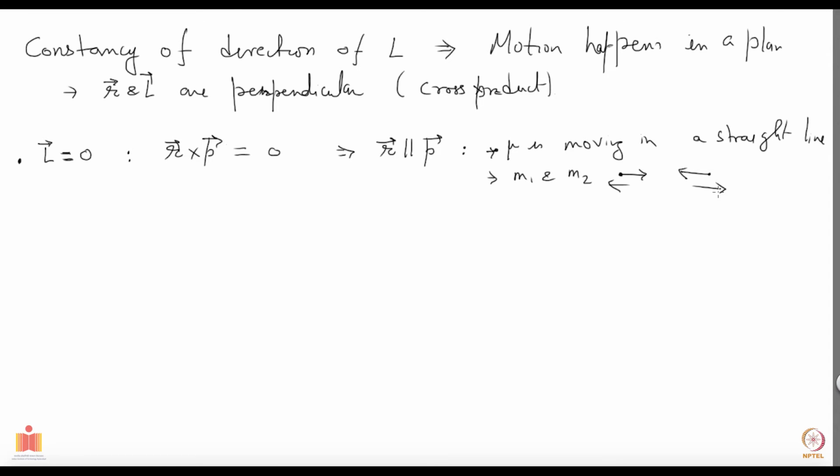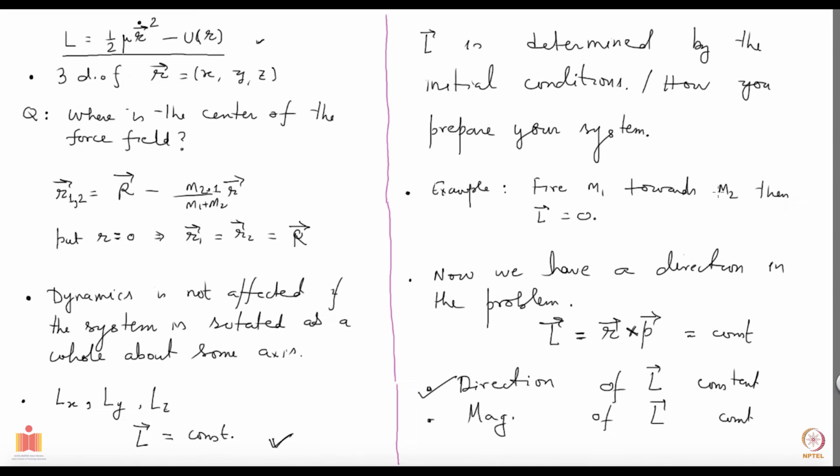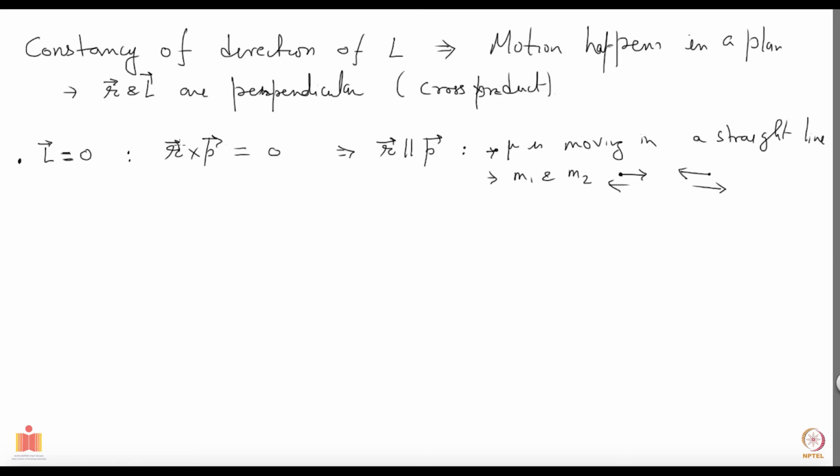So now that I have established that the motion is happening in a plane, I would like to write down my Lagrangian, which was here, using this fact. So let me write down L is half mu r dot square minus U of r. Now I know the particle is in the plane. You can say that I will align my z-axis with the direction of L, and the plane in which the motion is going to happen would be the xy plane.